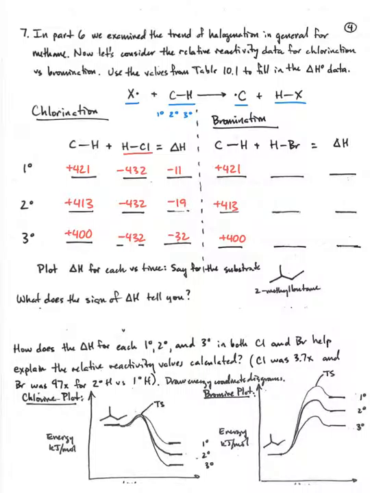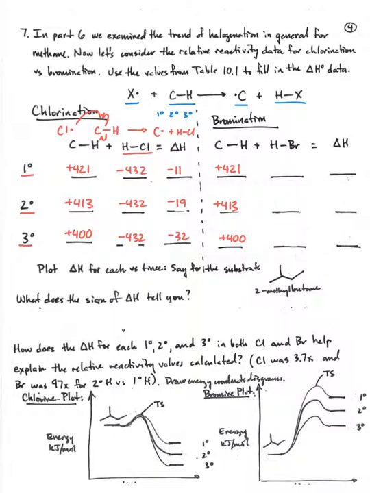So let's put this into context of what this is telling us. When a chlorine radical and your substrate, which has a CH bond, react, depending on if that CH bond is primary versus secondary versus tertiary, the abstraction of that hydrogen, if we do the fishhook arrow, gives you a carbon radical plus HCl.